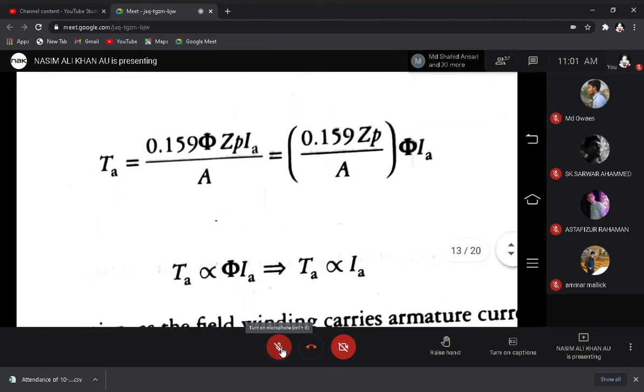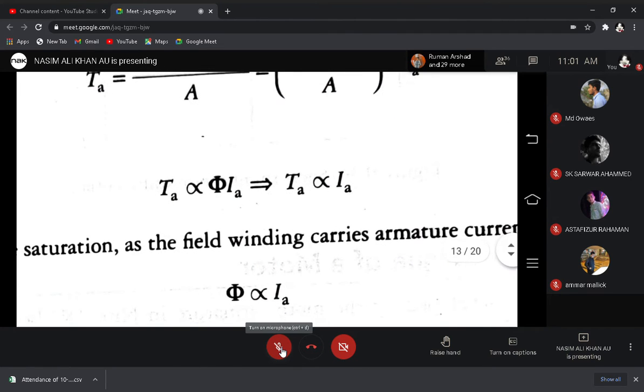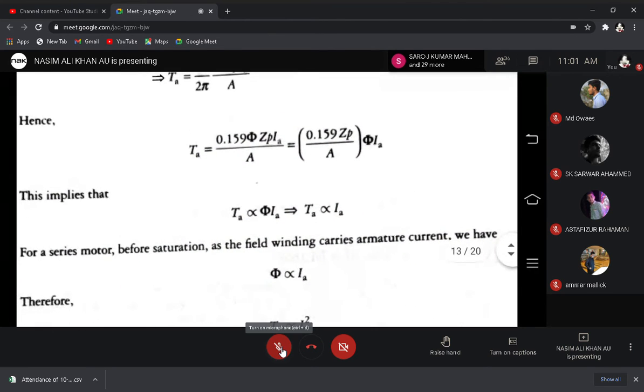In the last expression, torque equals 0.159 Z P by A into phi Ia. 0.159 is a constant, Z is the number of conductors, P is the number of poles, and A is the number of parallel paths, all constant for a given motor. So torque is proportional to phi into Ia, and if we increase the armature current, torque also increases.